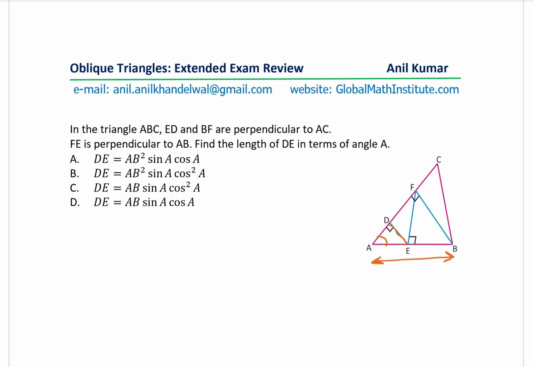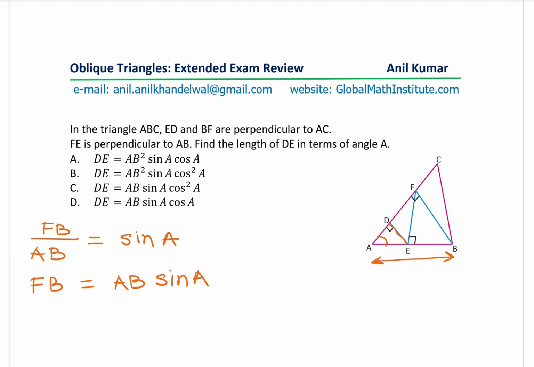So we can say that FB over the side AB is equal to, since this is opposite to that side, sine of angle A. In terms of FB, FB is equal to AB sine of A.